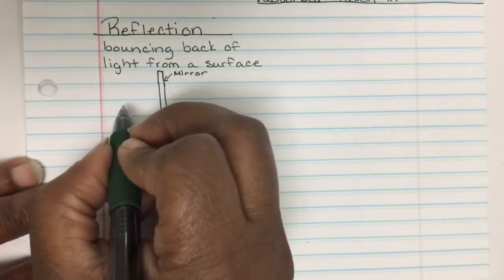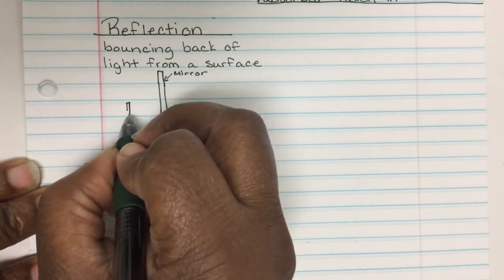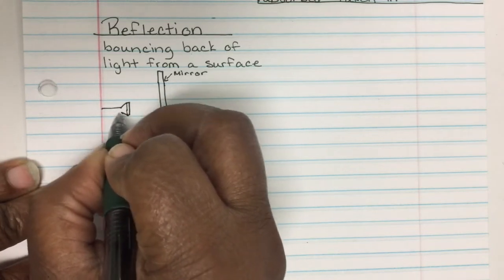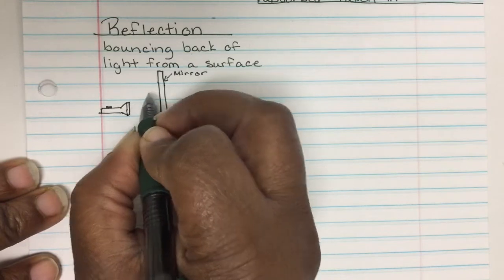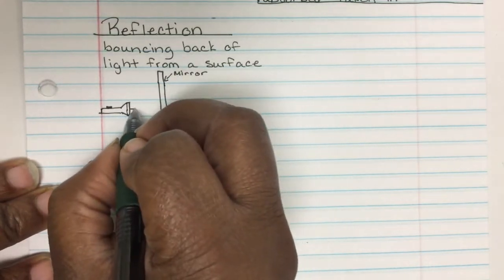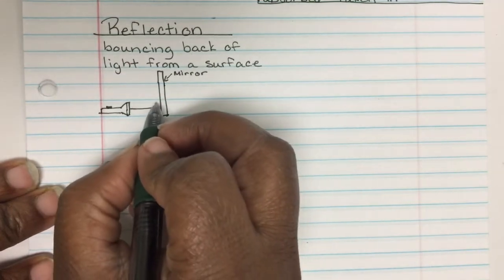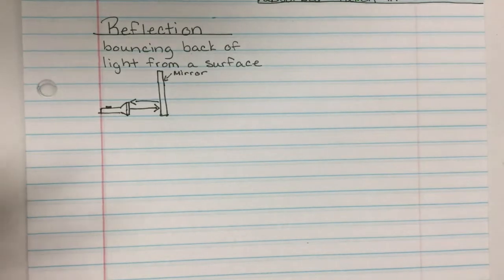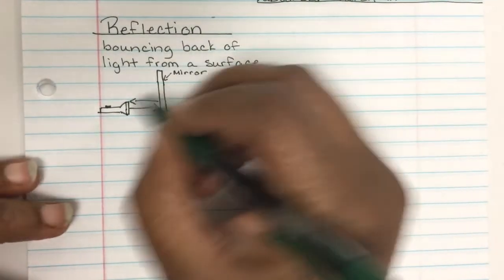You're going to shine a flashlight on that mirror. So when your light goes out, it's going to go straight to the mirror because light travels in a straight line, and it's going to bounce right back. So not only are you going to light up things in front of you, but you're also going to light up things behind you.